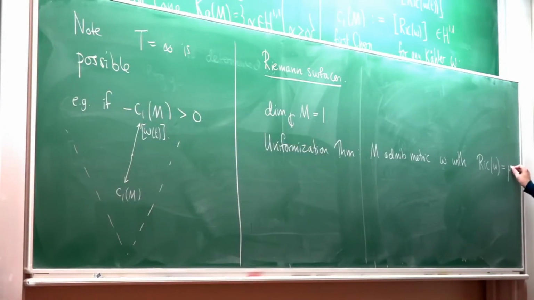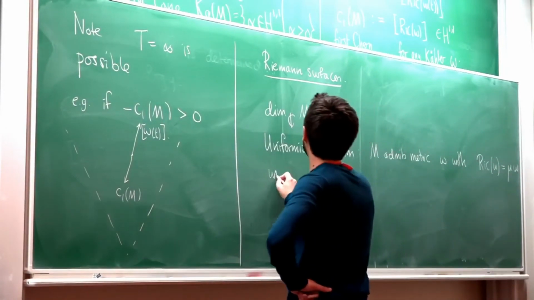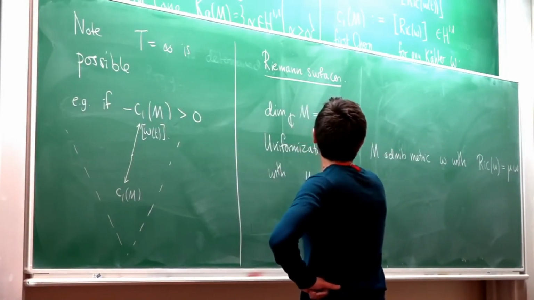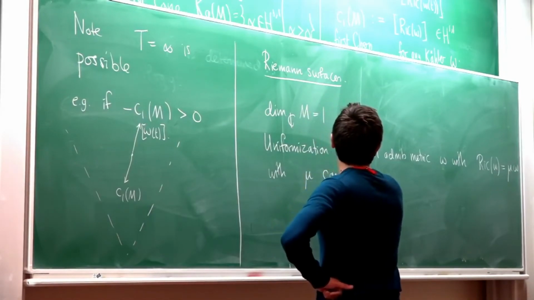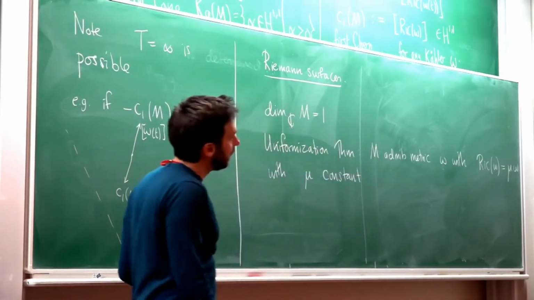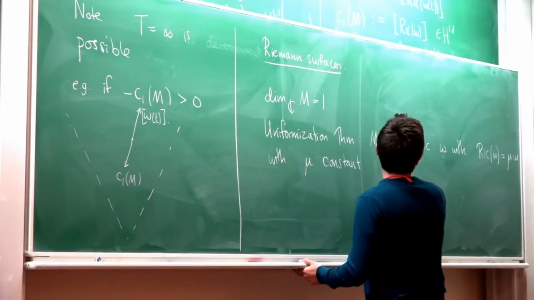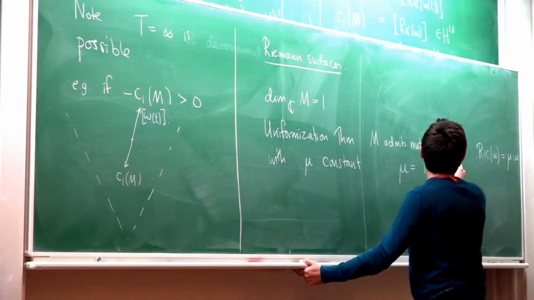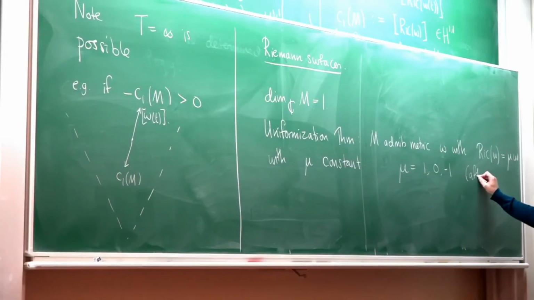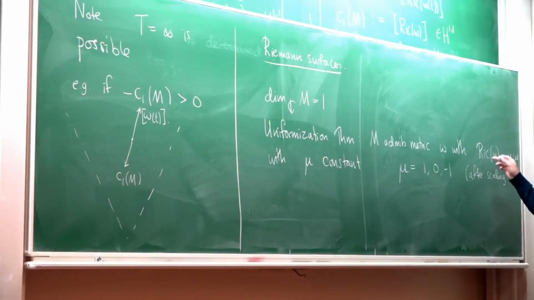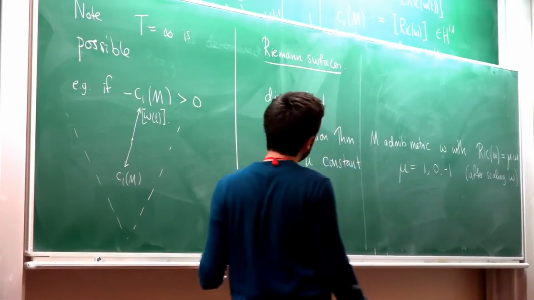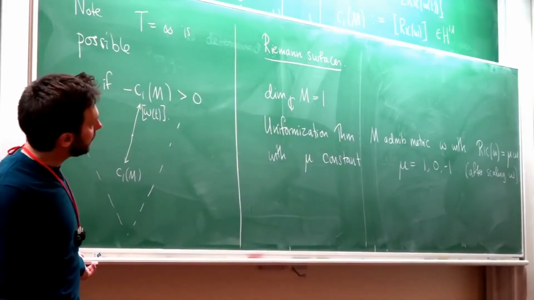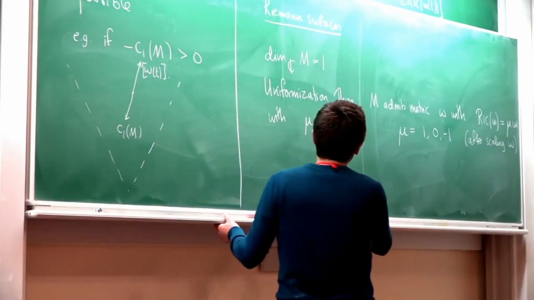The same thing as saying the Ricci curvature is constant, or the Ricci curvature is mu times omega with mu a constant. And in particular, I could take mu to be 1, 0, or minus 1 after scaling omega. You notice that the Ricci curvature doesn't change when you scale omega, so I can always achieve that.